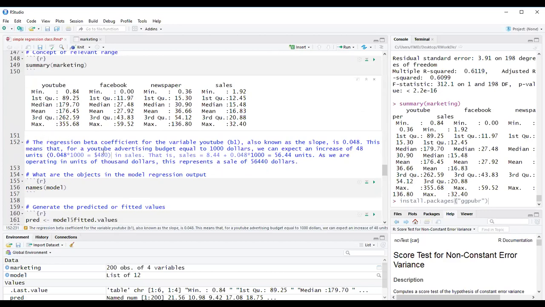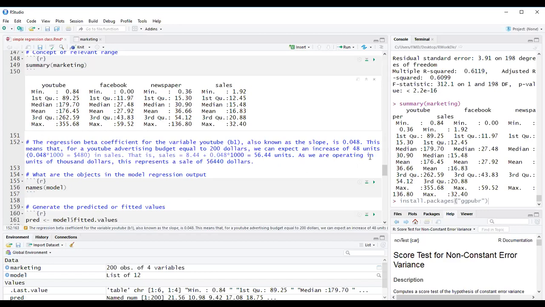So sabi natin yung regression coefficient natin si B1 is your slope 0.048. This means that for YouTube advertising budget equal to $1,000, pero palitan na lang natin ito kasi outside din siya ng relevant range eh. So let's change this to, let's see, $200, okay?